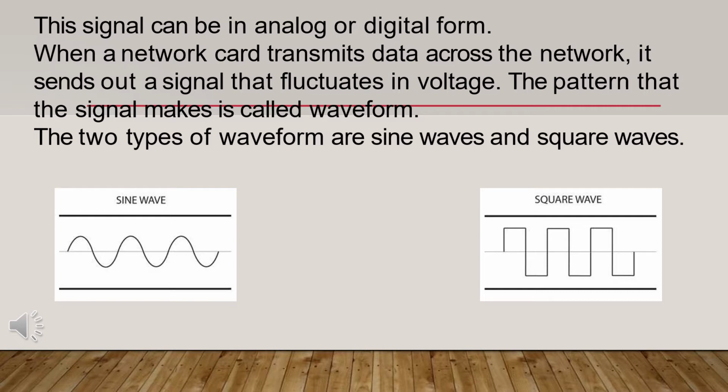When a network card transmits data across the network, it sends out a signal that fluctuates in voltage. The pattern that the signal makes is called a waveform, and we have two types of waveforms: sine waves and square waves.